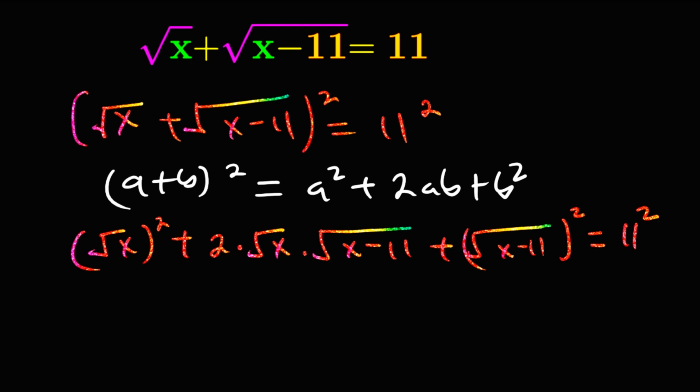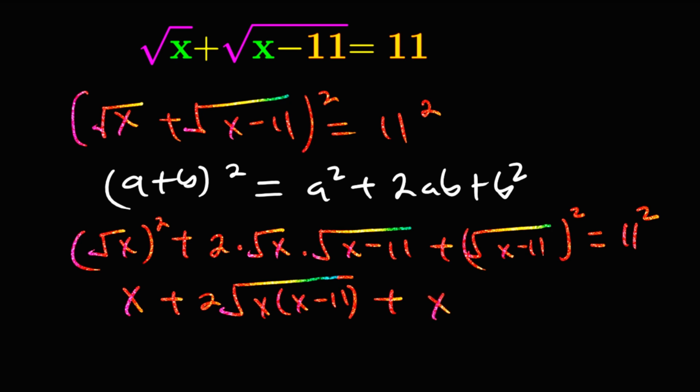So we have root of x squared, which is just x, plus 2 times these two roots, that will be 2 times the root of x into x minus 11, plus the root of x minus 11 squared is the same as x minus 11, and that's equal to 121.